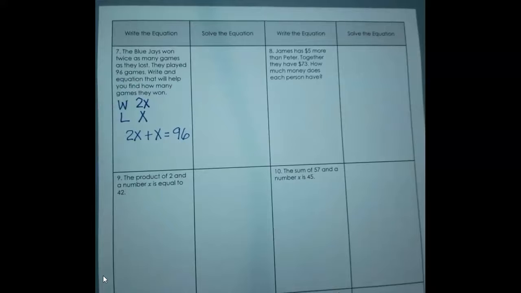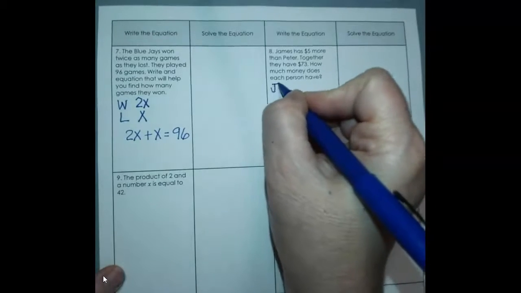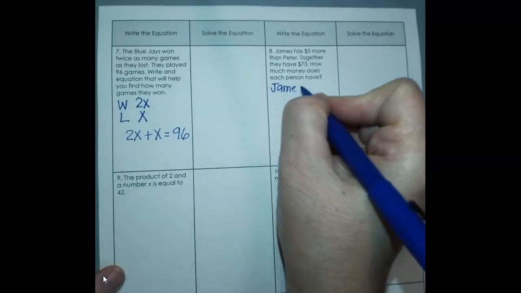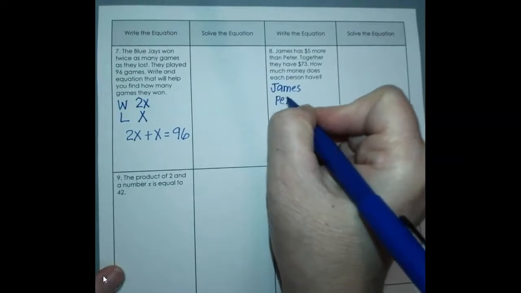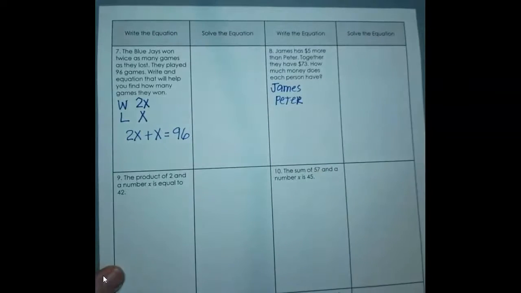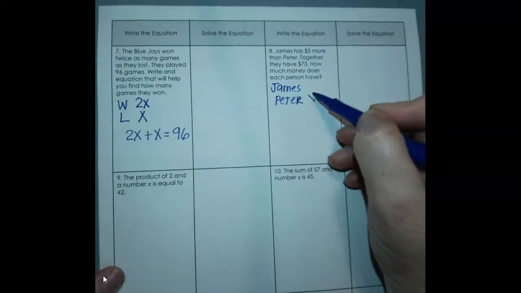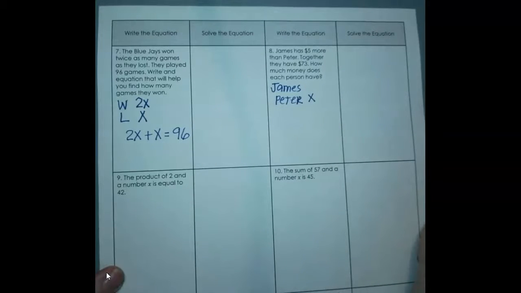Okay? Number 8. Here we have James has $5 more than Peter. Together they have $73. How much money does each person have? Okay, so our two people we're talking about right now are James and Peter. James has $5 more than Peter. It doesn't tell us how much Peter has, so Peter has some value we don't know.